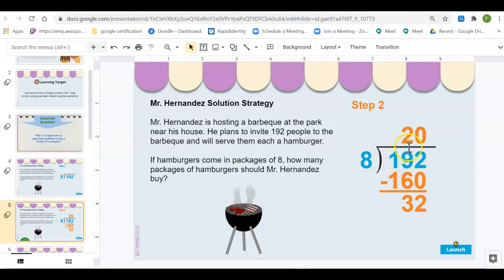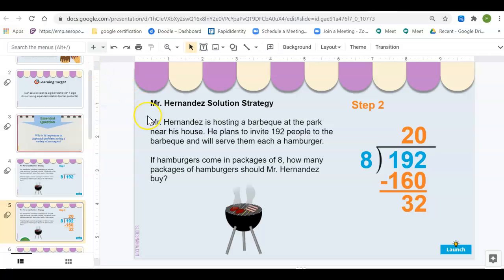He knows 20 times 8 is going to be 160, because 2 times 8 is 16, and the 0 comes over here. And then, as we do every time, we have to make a subtraction here. So 192 minus 160 is 32. So that's step number 2.